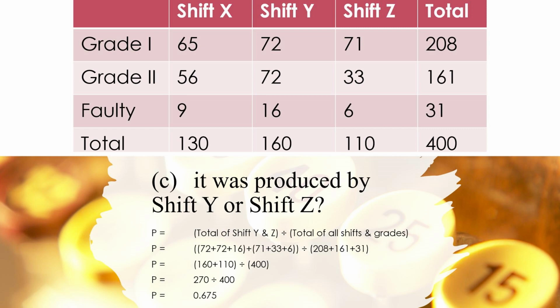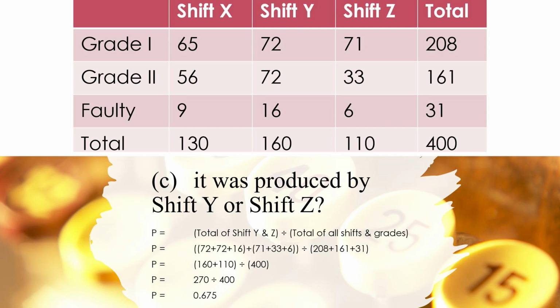So we know that in shift Y, the numbers for grade 1, grade 2, and faulty items are 72 plus 72 plus 16. While for shift Z, the numbers are 71 for grade 1, 33 for grade 2, and 6 for faulty. And the total, we know, is 400, as we have done earlier. So when you add up these numbers of shift Y and Z, it will be 160 plus 110, that would be 270.